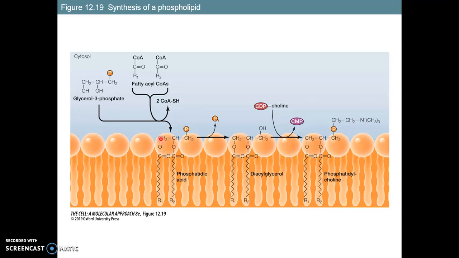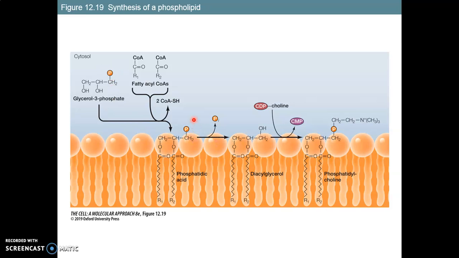All of these things come together in the enzyme, which isn't shown, to produce phosphatidic acid. And this is essentially two fatty acid chains attached to what is essentially glycerol, but it's phosphorylated, the phosphate group being a remnant of where it was coming out in glycolysis.